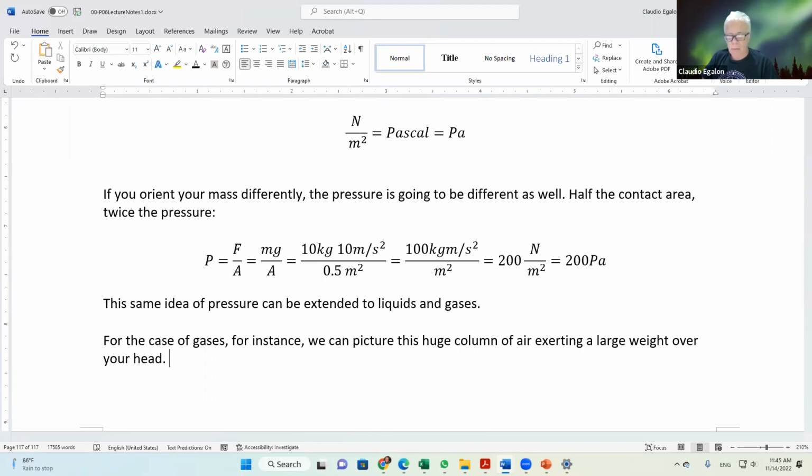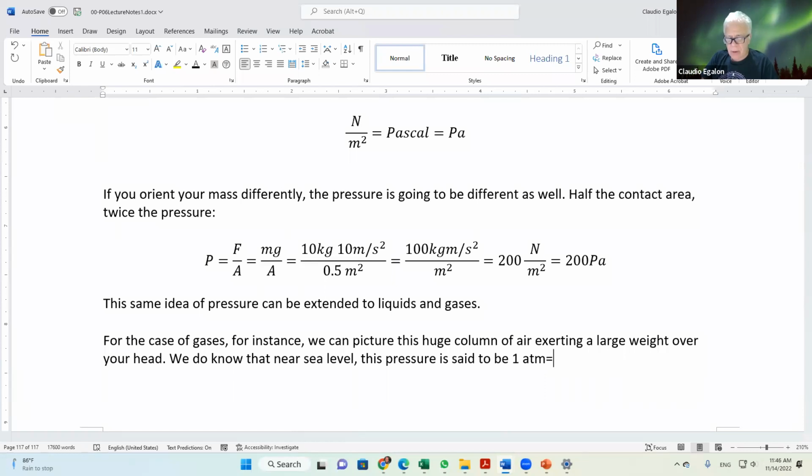From measurements, we do know that near sea level, this pressure is said to be 1 atmosphere, which, by the way, is another unit of pressure.